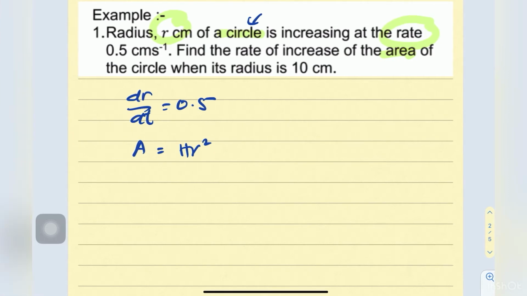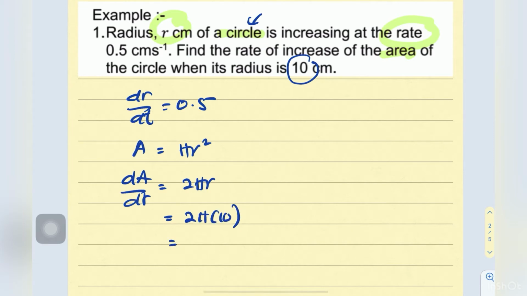We differentiate and get dA/dr equals 2 pi r. Given the value of r is 10 centimeter, we substitute r is 10: 2 pi times 10. So dA/dr is 20 pi.